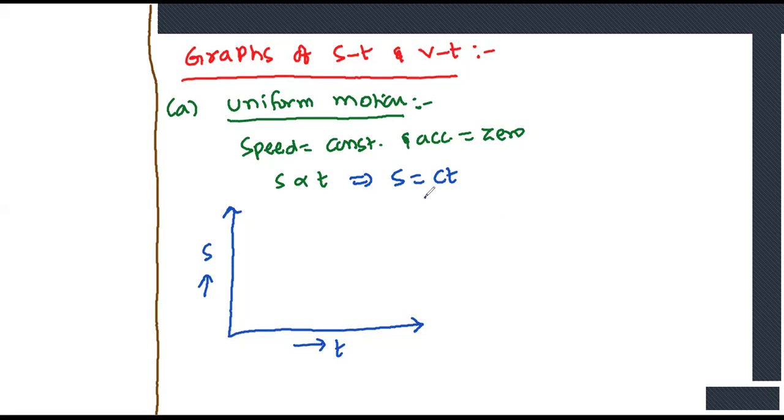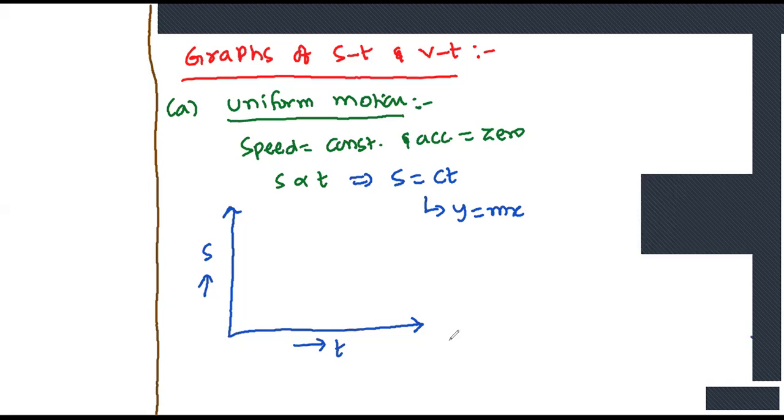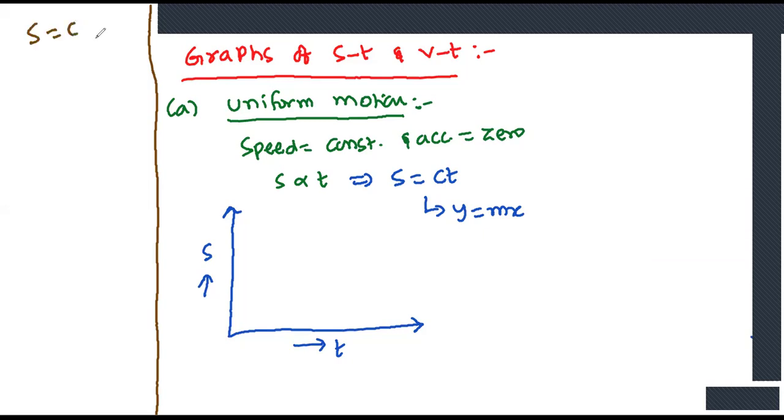It is in the form of y equal to mx, right? Now, when t equal to 0, what is the value of s? s equal to ct, so when t equal to zero, s equal to 0.